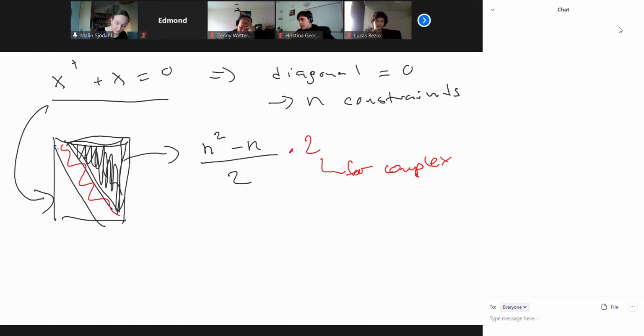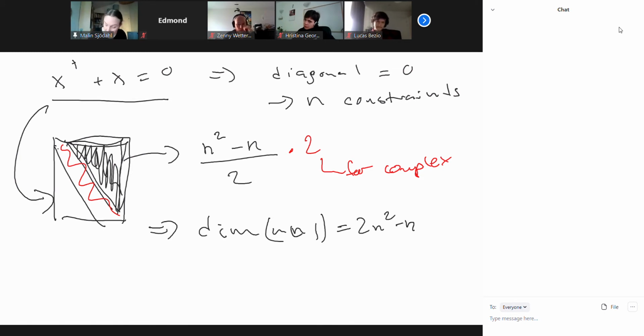So collecting pieces, we then have that the dimension of u n, as in the algebra u n, is equal to what we started with, 2n squared, minus n, minus, the 2's cancel, so it's minus n times n minus 1, and that is equal to n squared.